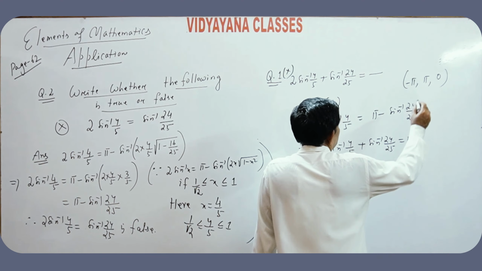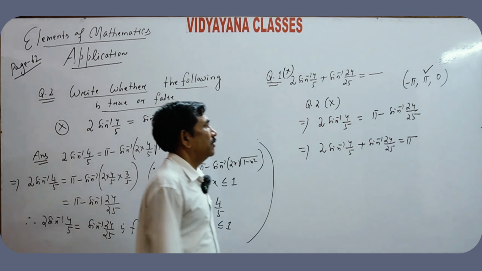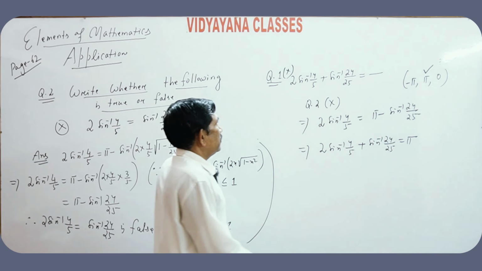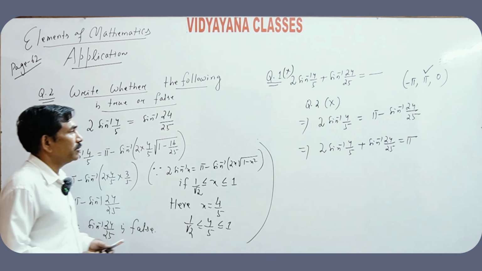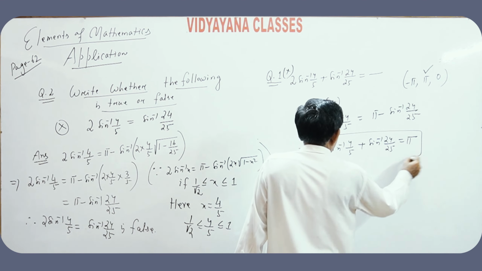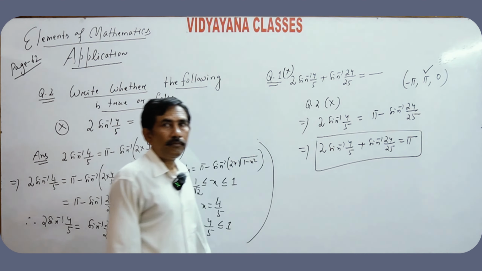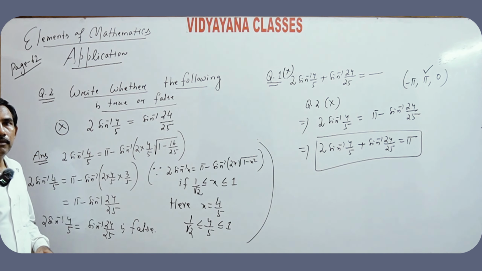So the correct option is pi. Clear? Okay, note down.